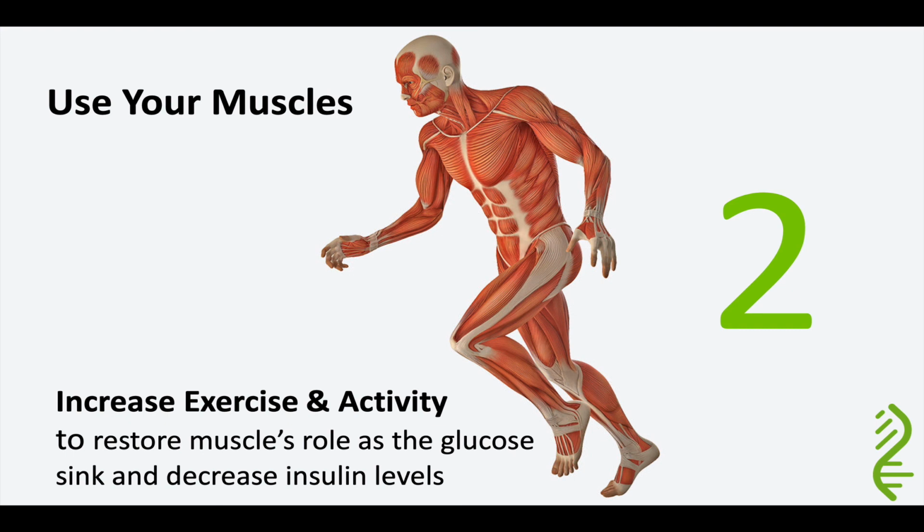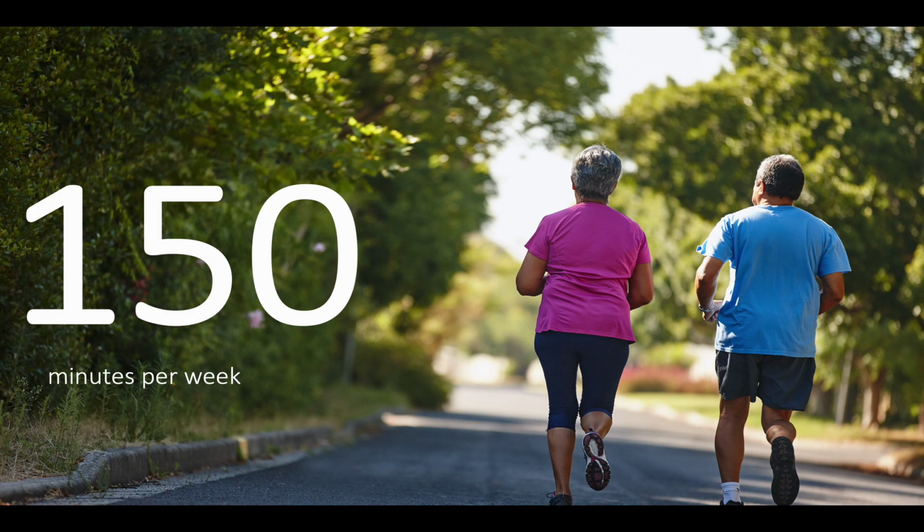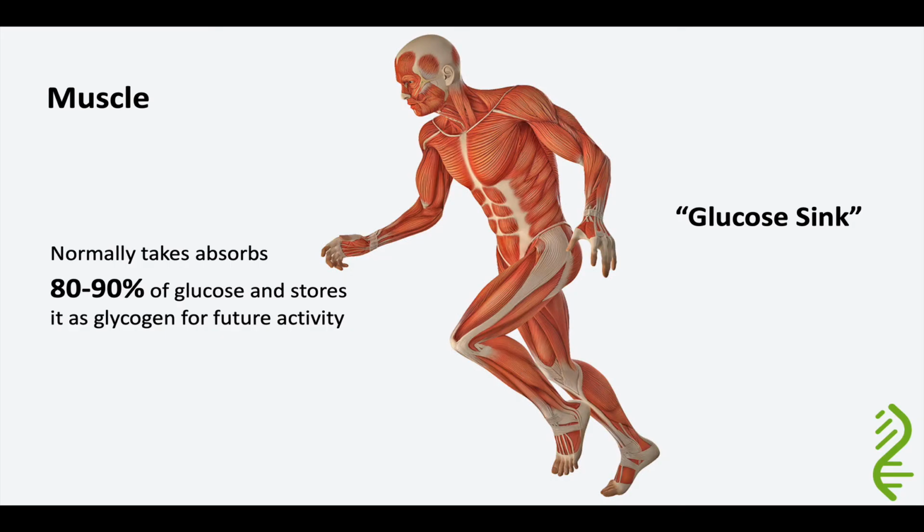So if the muscles are more efficient in terms of taking on glucose, we don't need as much insulin to push in the glucose. The amount of exercise is not huge, right? 150 minutes per week of moderate to vigorous exercise will get most of the job done. Now, we don't need to limit it there, but 150 minutes a week, that's what we start with.